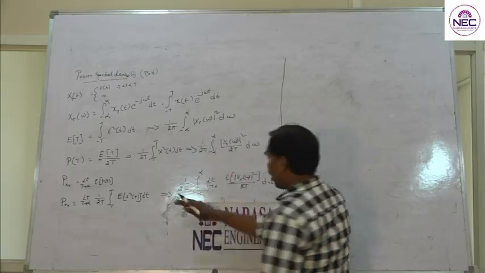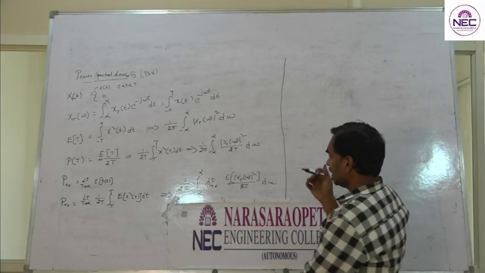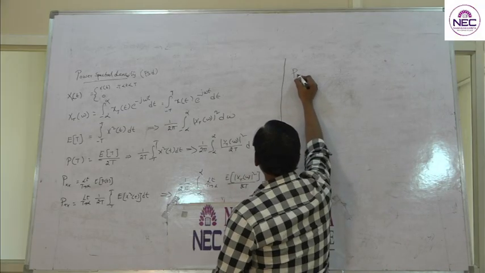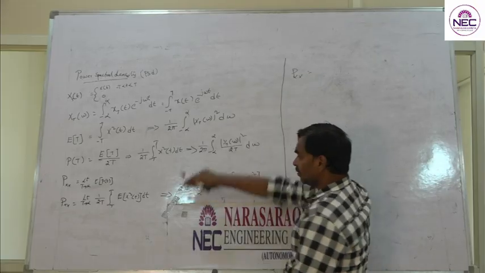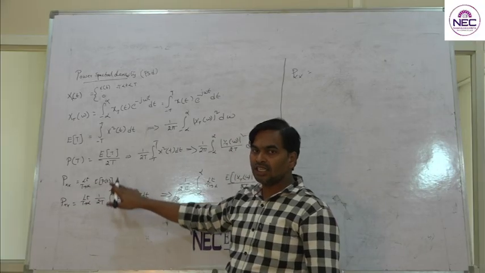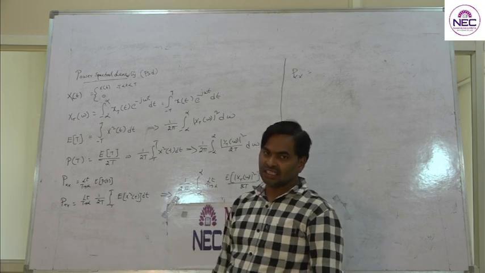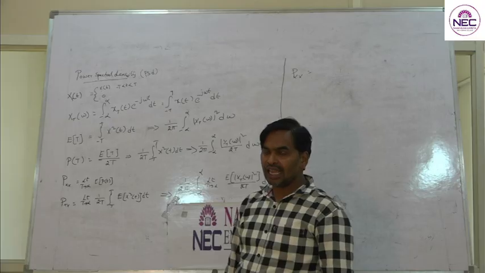After these, we are going to substitute the formulas directly. That is, Pxx is equal to the limit t tends to infinity 1 by 2t integral minus t to t x of t dt, which will give you the average time value. Okay, time average value.